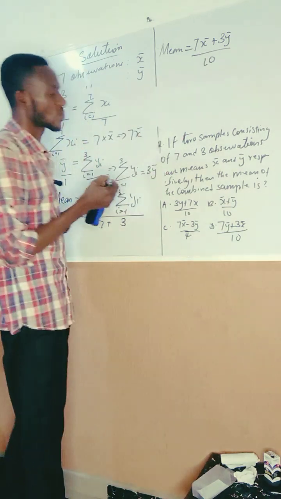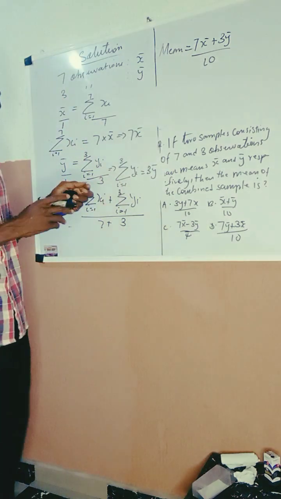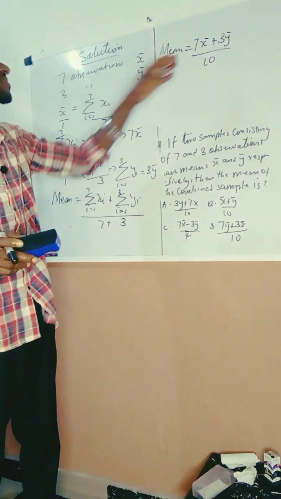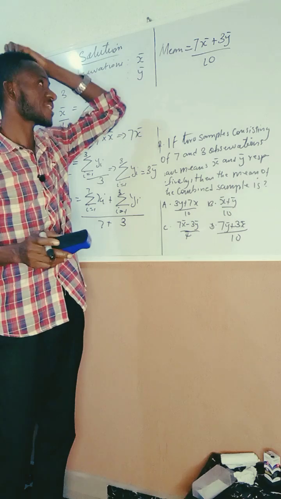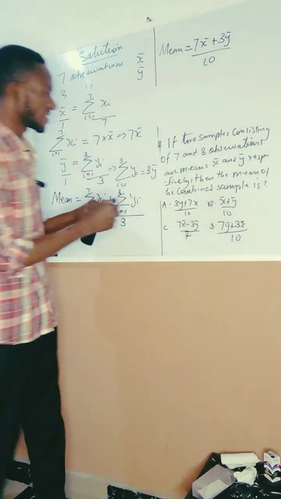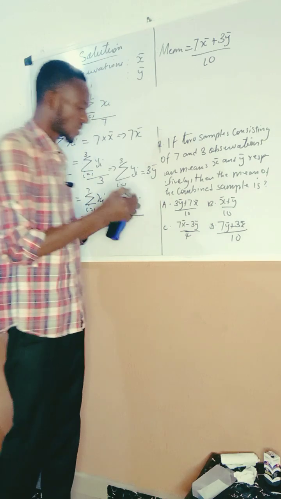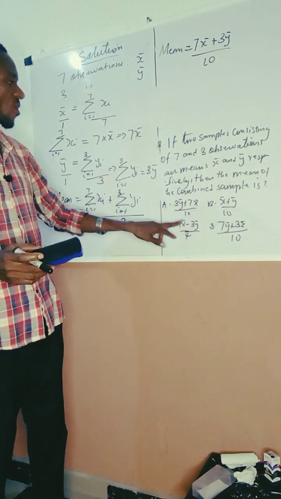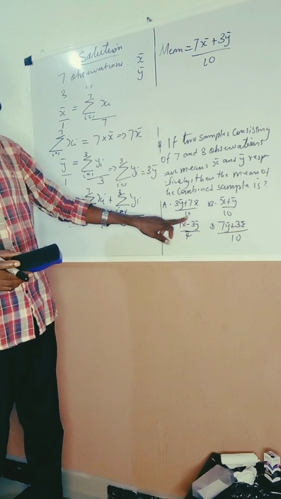Let us go down to the options and check whether we have a value for the combined mean as 7x bar plus 3y bar all over 10. Option A says 3y bar plus 7x bar all over 10.